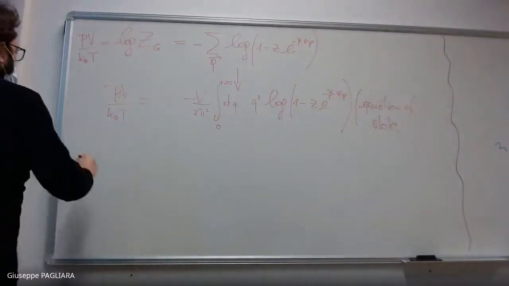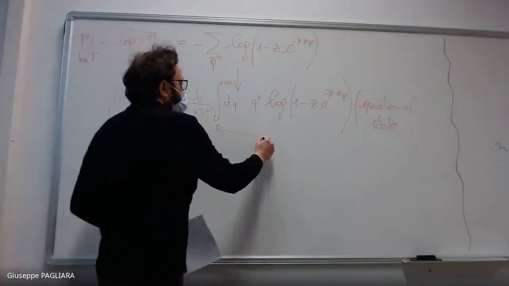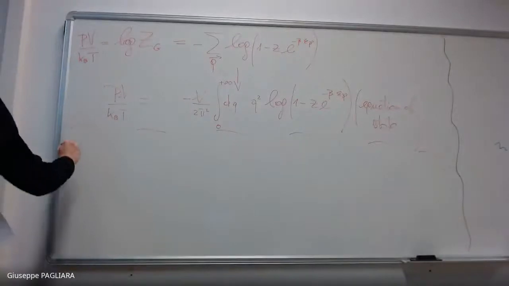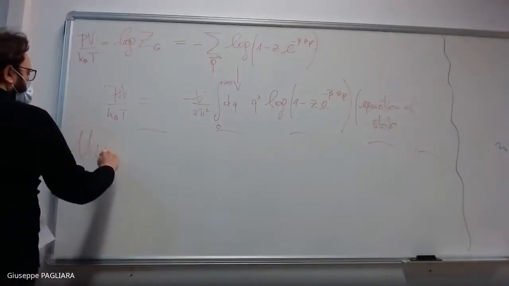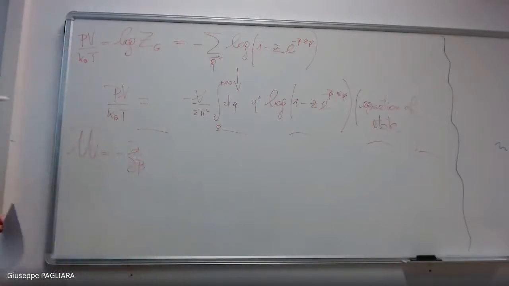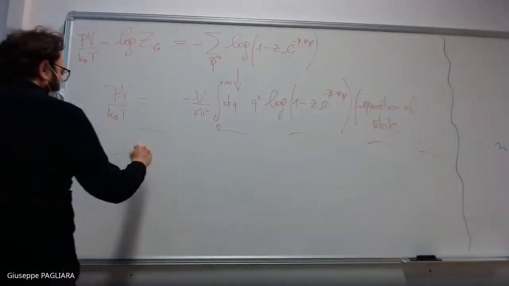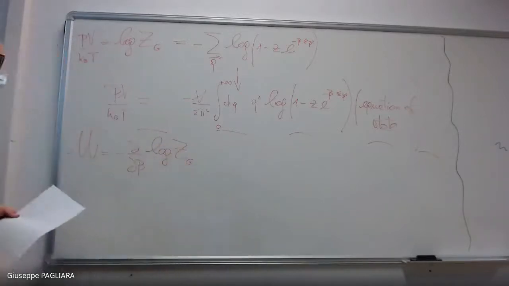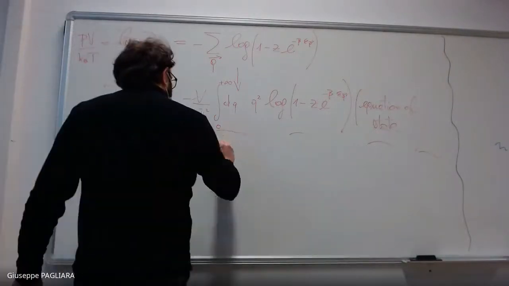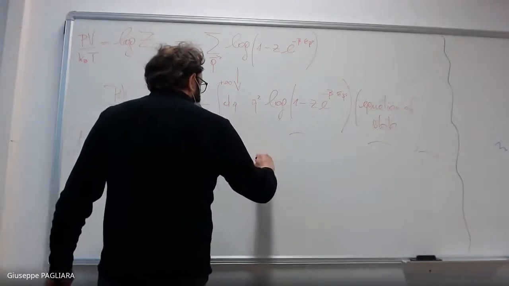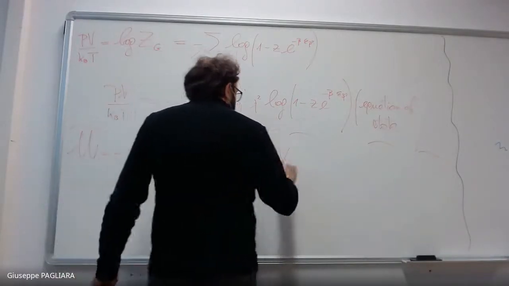Whereas the relation that we had before provides me a way to link the chemical potential and the density of particles. Now we can go on and compute, for instance, the internal energy U, which is a minus derivative with respect to beta, as in the canonical ensemble, of the logarithm of Z_G, keeping z and V fixed.